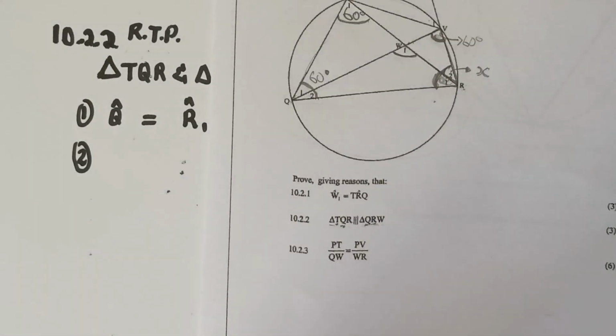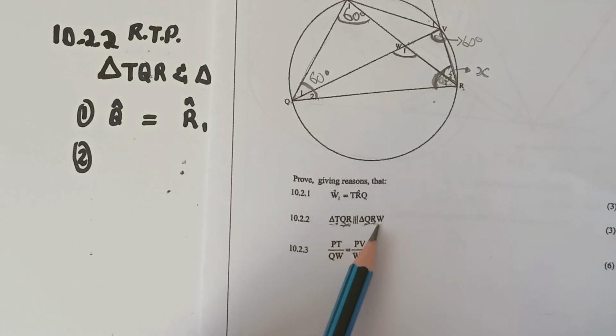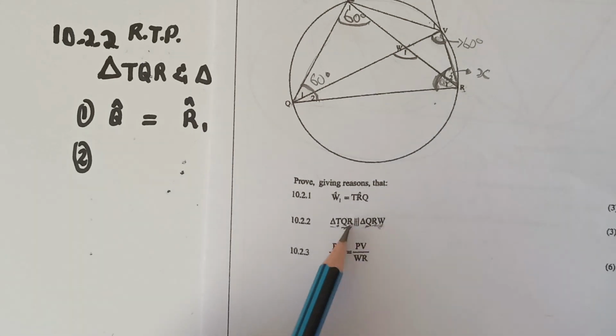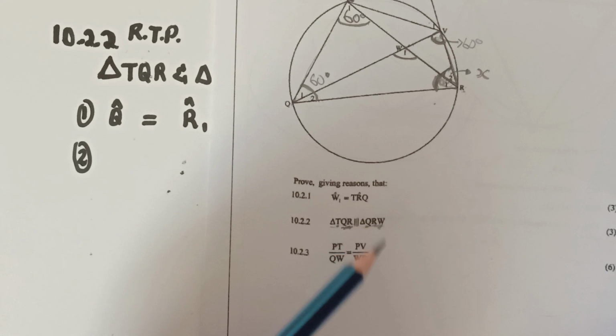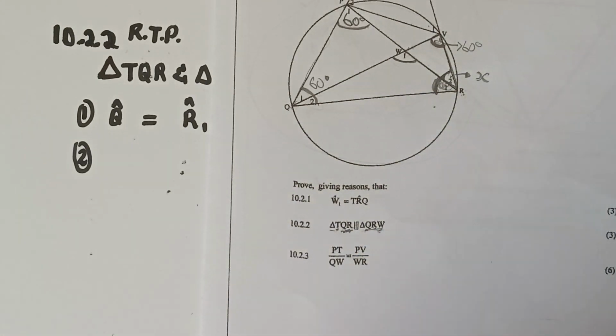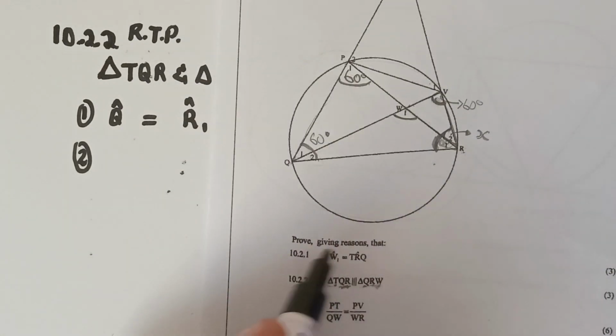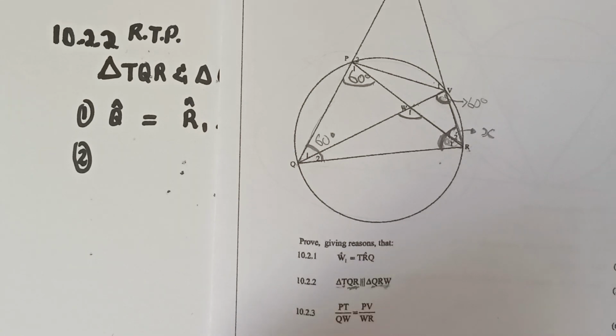So for the second one, let's try to find R from the bigger triangle, and then W1 from the smaller triangle. Definitely that is the one that we proved above, that W1 is equal to angle RQT, if you can remember that.